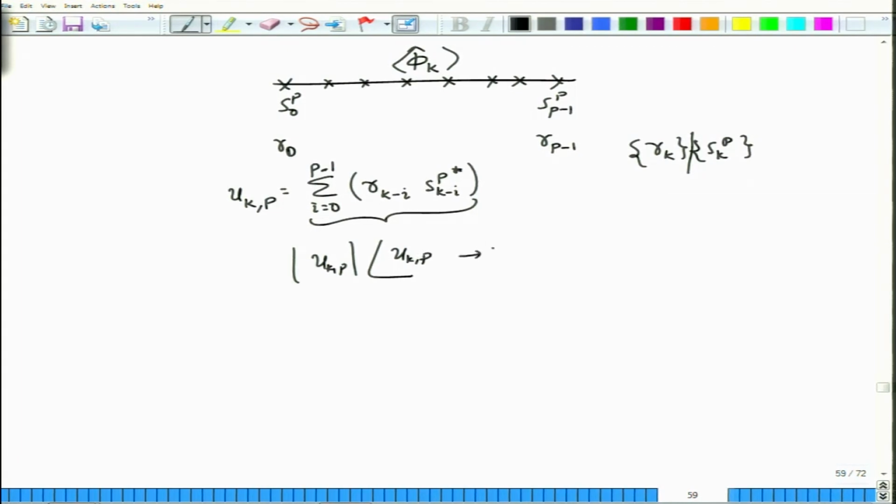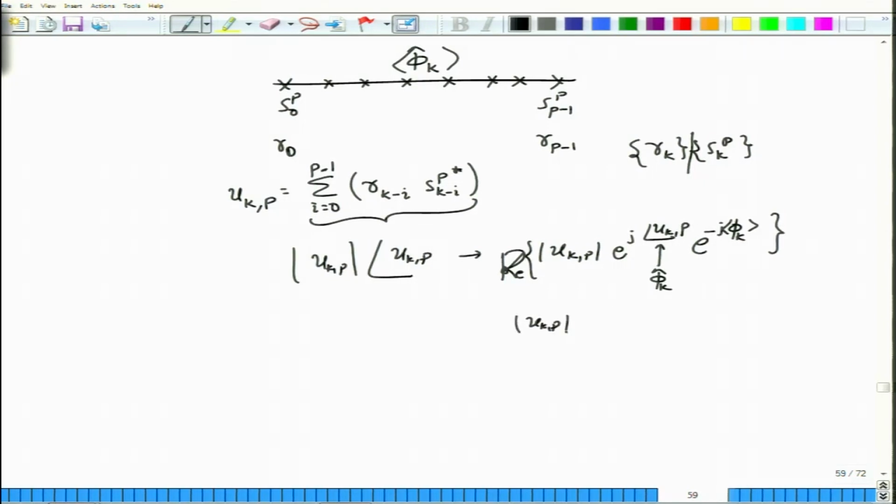So, I can even write this in the usual manner, u_{k,p} magnitude e^{j angle of u_{k,p}}, multiplied by e^{-j phi_k average}, which is what you would have obtained as the exponential function up there. So, you take the real part of this and call this the estimate phi_k hat. Clearly, when you take the real part of it, the magnitude will be constant.